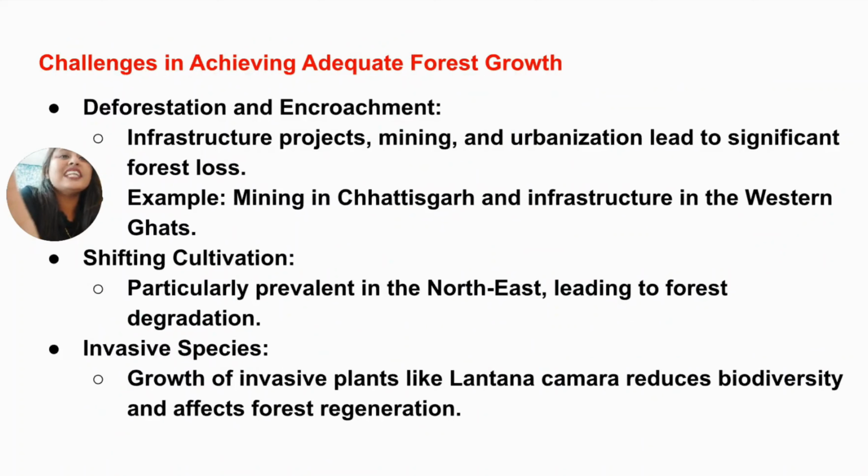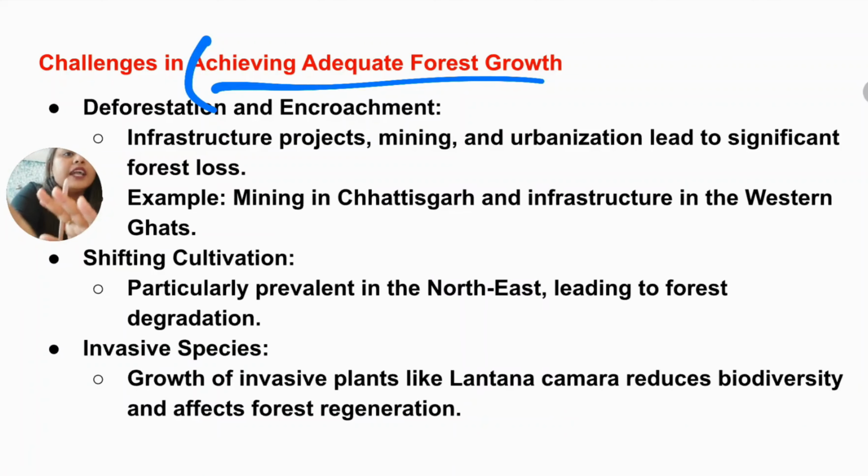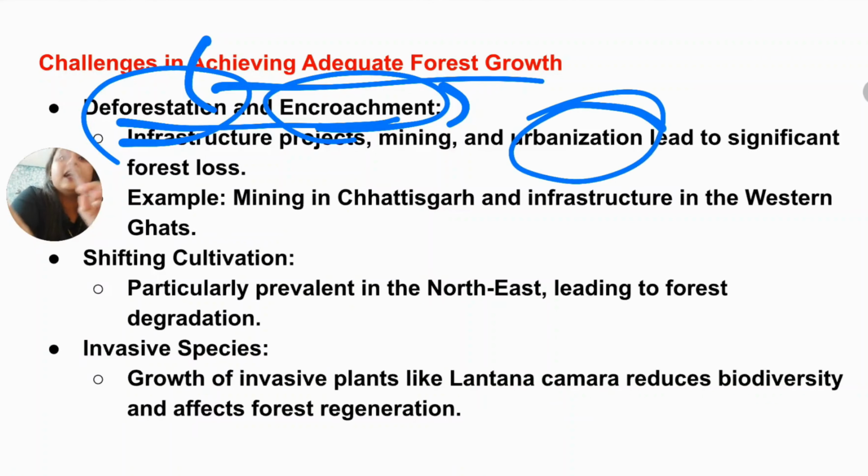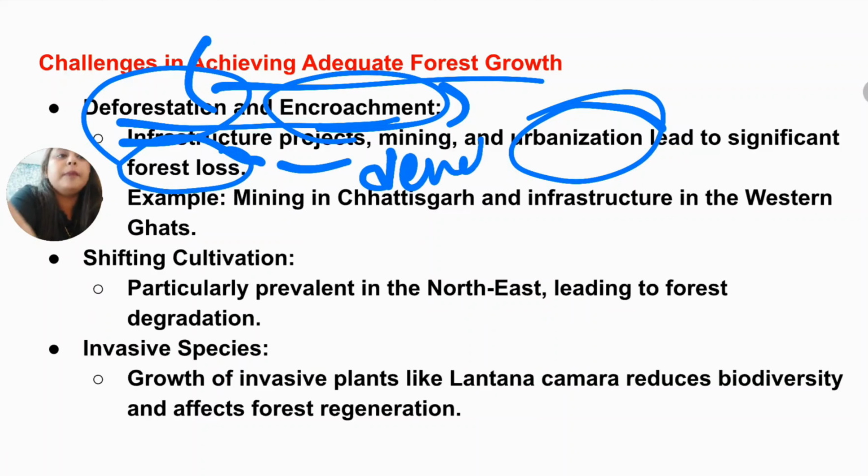So what are the challenges for us to achieve this? Yes, we have aimed, we do have some paperwork done, but what are the challenges faced to achieve that? First of all, the major human tendency for encroachment and deforestation. Infrastructure projects, mining or urbanization all lead to forest loss. That means there is a debate of development versus environment.